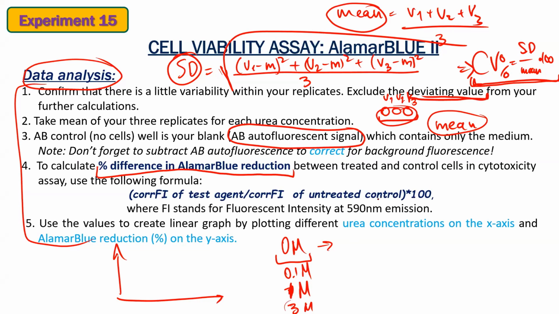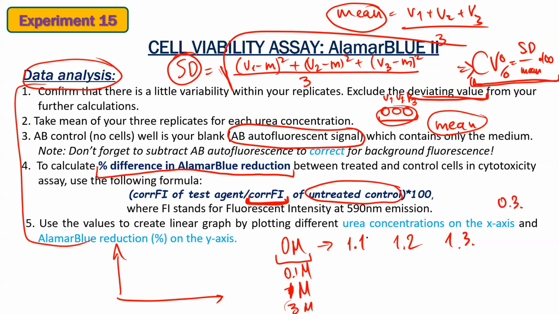So you find the mean for the untreated control after you have the correction of the fluorescence intensities. Let's say that you have 3 different values: 1.1, 1.2, and 1.3. And you know that the blank is 0.3.